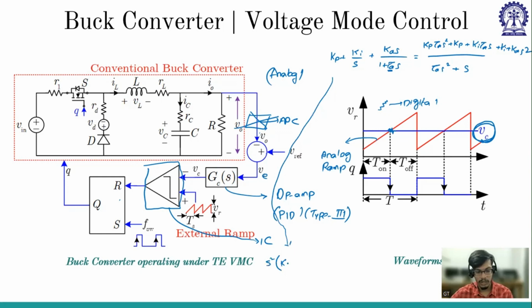Kp into tau d and Kd, and the S coefficient is Kp plus Ki tau d, and S to the power 0 is Ki, over tau d S square plus S. So the coefficients are Kp tau d plus Kd, Kp plus Ki tau d, and Ki.